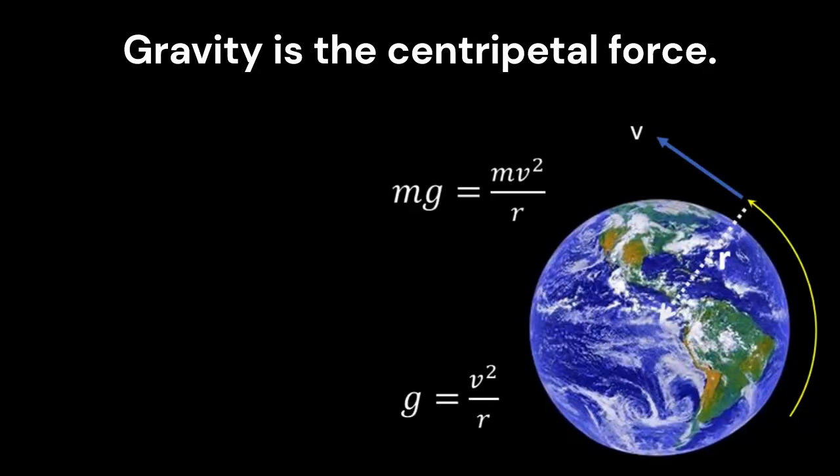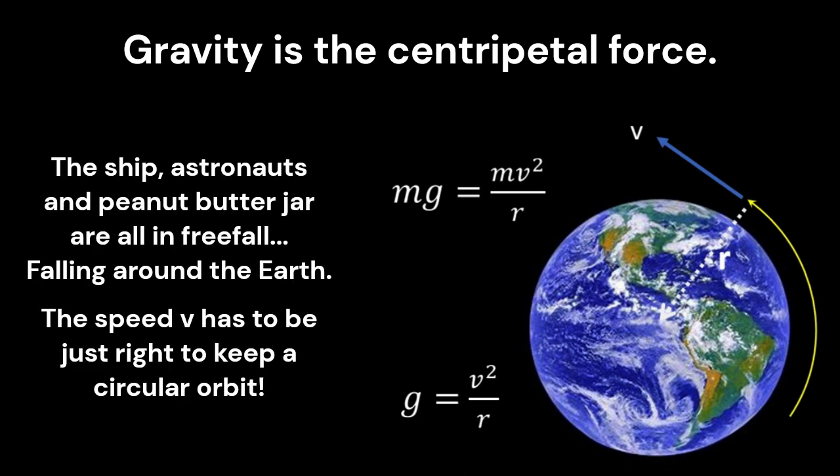When in orbit, gravity is the centripetal force, the force that acts towards the center. The ship, the astronauts, and the peanut butter jar are all in free fall, falling around the Earth. The speed v has to be just right to keep them in a circular orbit. And you see that F equals mg equals mv squared over r, so you can see the m cancels out.